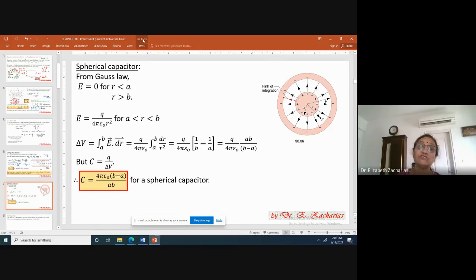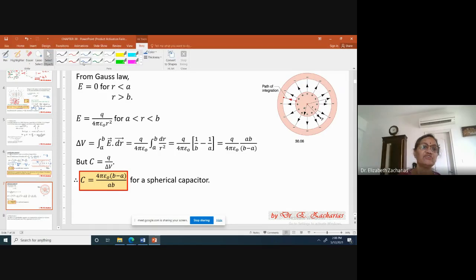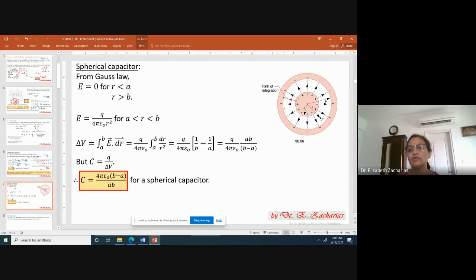Now just as we talked about area A and distance D there, here we will talk about the parameters. We will say A is the radius of the inner plate. Here also we'll call them plates. Plate is a general terminology. So the inner plate has a radius A, and B is the inner radius of the outer plate.